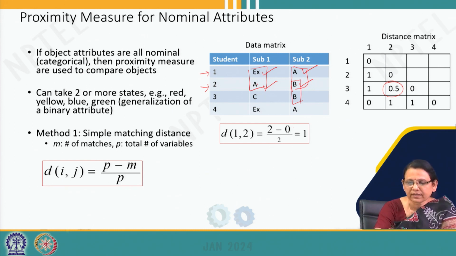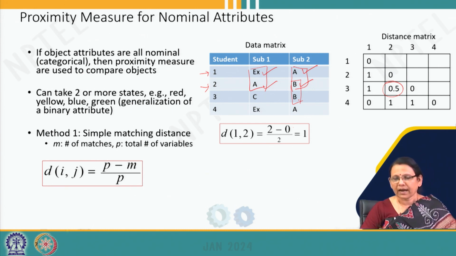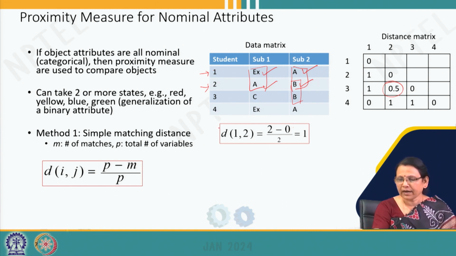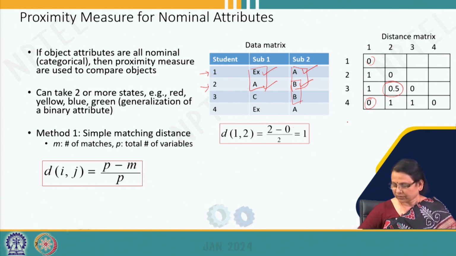Here it is A C, here it is B C. That is how they are a little bit similar. And if you look at 1 and 4, they have exactly the same grade. Whatever was happening to 1 and 4, 4 and 1 is the same. So, they are very similar, and the distance is 0. As more dissimilarities happen, the value is higher. So, this is the distance matrix.